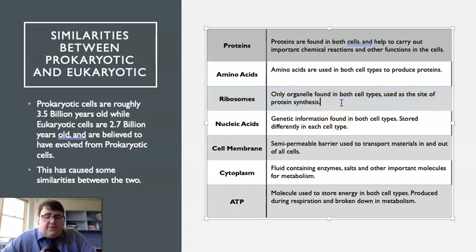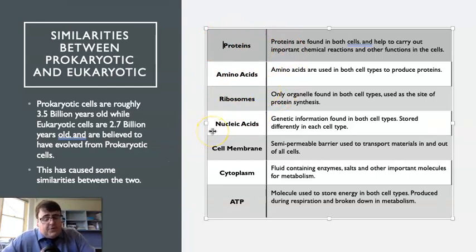And the reason that they have ribosomes is they are the site of protein synthesis. So we need to have ribosomes so we can turn the amino acids into protein. So all three of these kind of work together. If you don't have any one of those three, you can't create proteins and the cell can't function. So prokaryotic and eukaryotic cells all have those three.